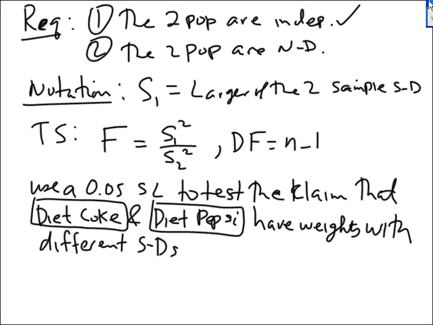The weights of 12-ounce soda cans are going to be normally distributed. Sometimes you have to assume that that's true. You do enough statistics in real life, not from a textbook or from being in class, and you learn what types of things are normally distributed and not normally distributed. Weights of cans are going to be normally distributed.